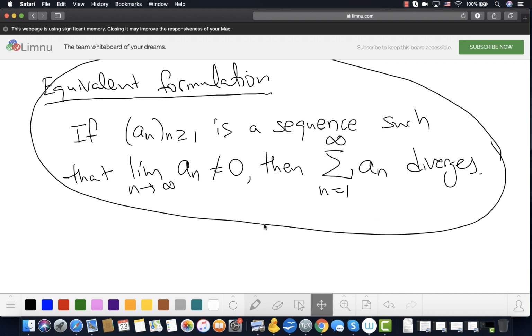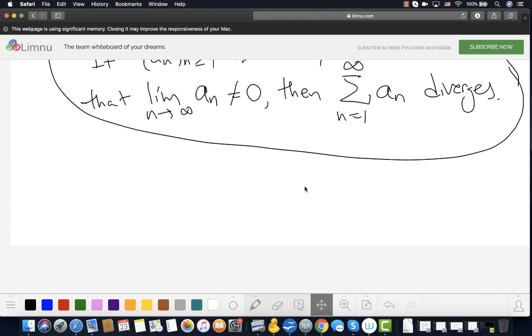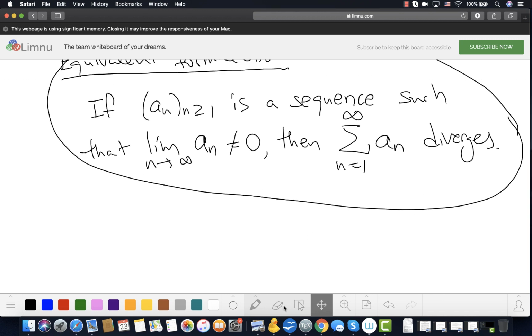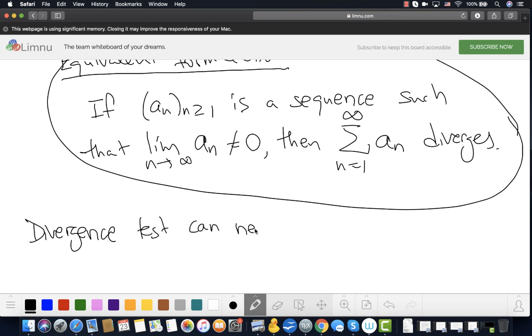Apply this test. So the big warning is that the divergence test can never be used to prove convergence, and that's why it's called the divergence test, because it can only be useful to prove divergence. I can't emphasize this more: it can never be used to prove convergence of an infinite series.